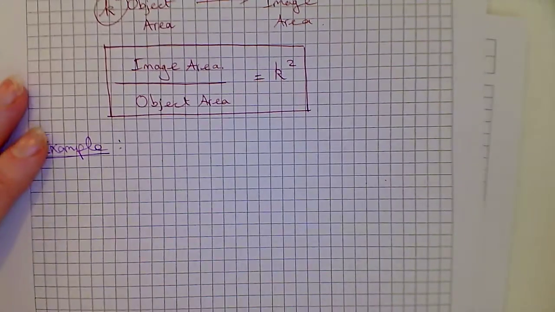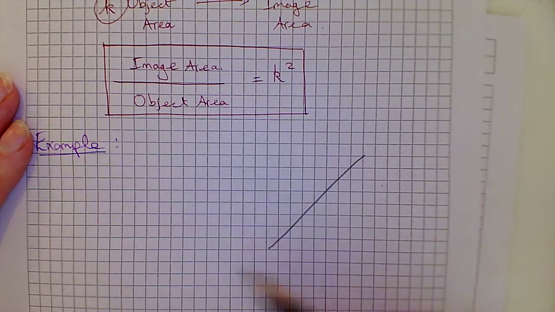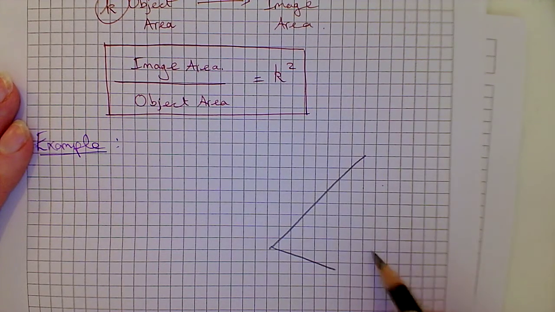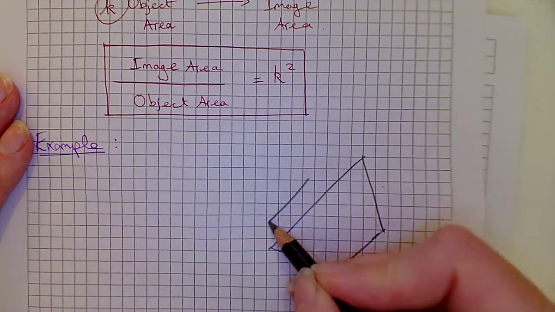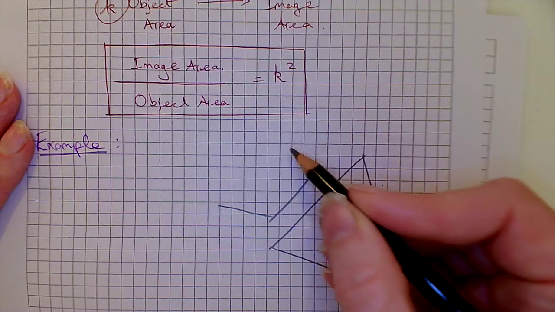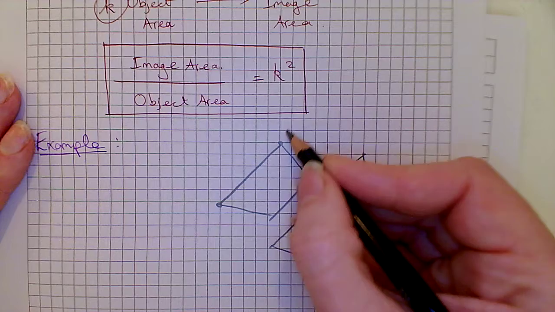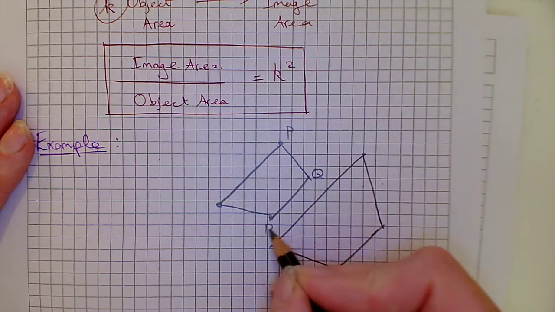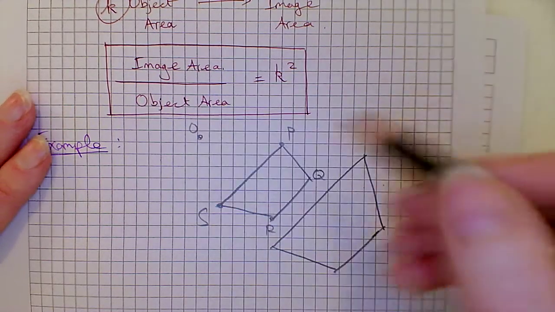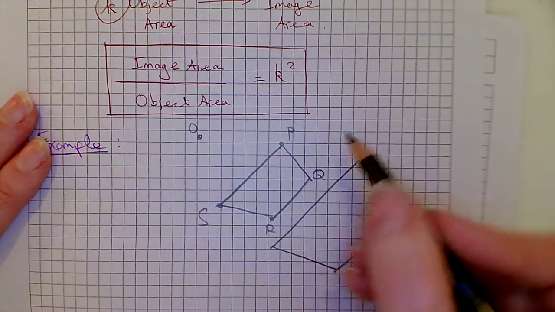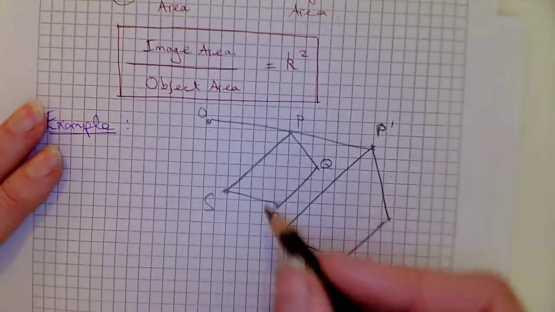Okay, I'm going to sketch a picture of an object and its enlargement, and I'm just doing this freehand, so it mightn't be an exact enlargement. Just say that it looks like this, okay? So these are meant to be exact copies of each other, and we've got P, Q, R, S, excuse me, a center of enlargement over here, and P is enlarged to P prime.